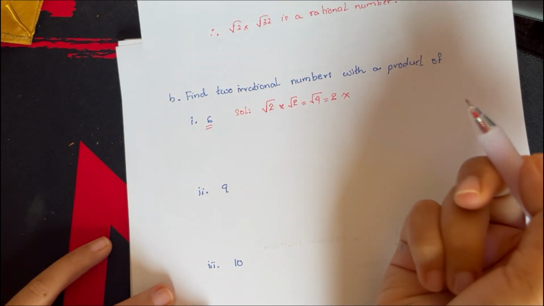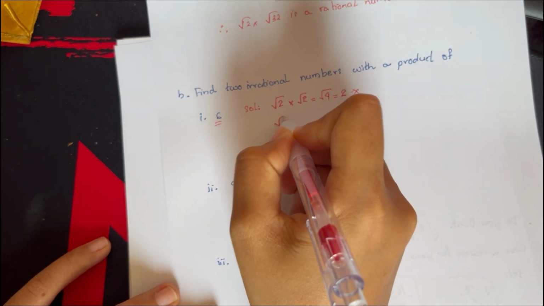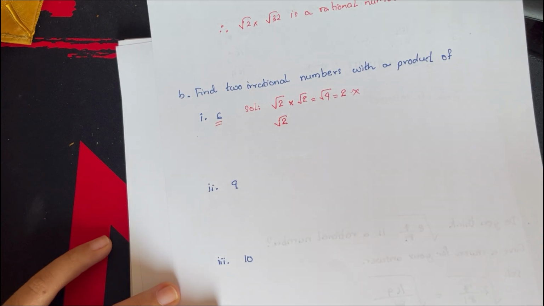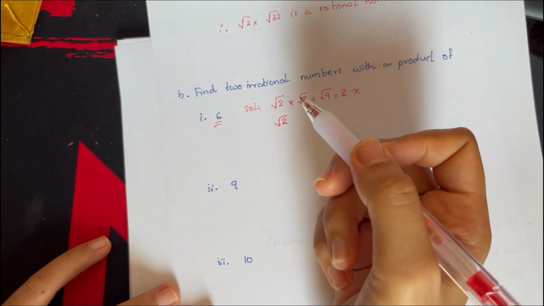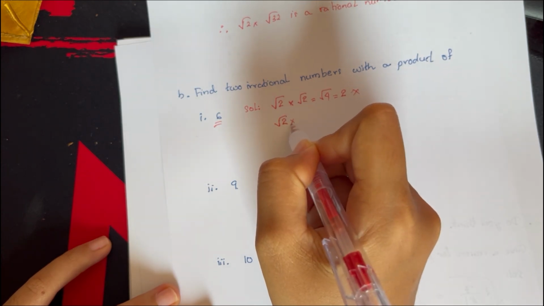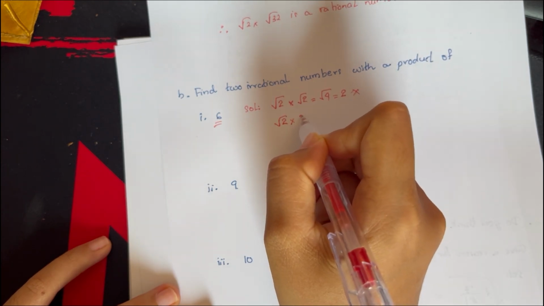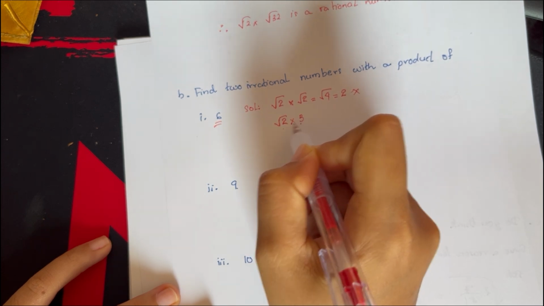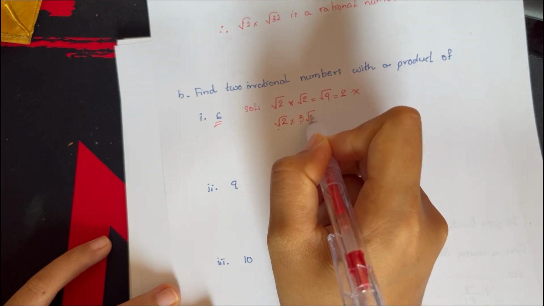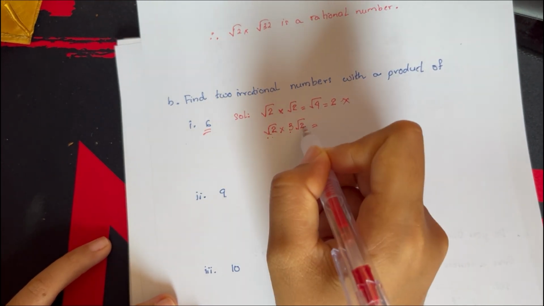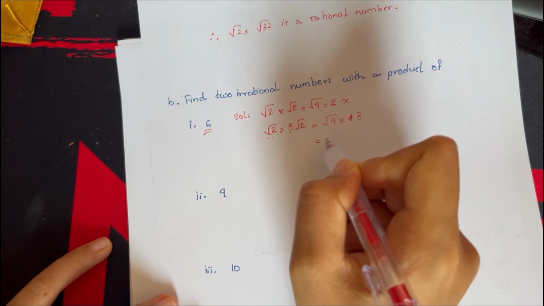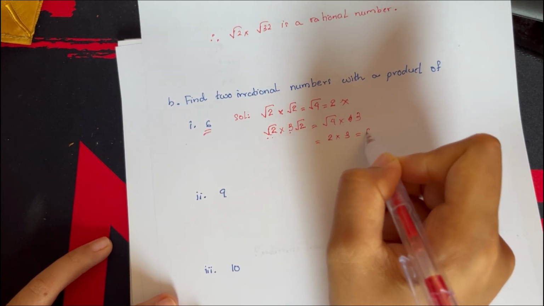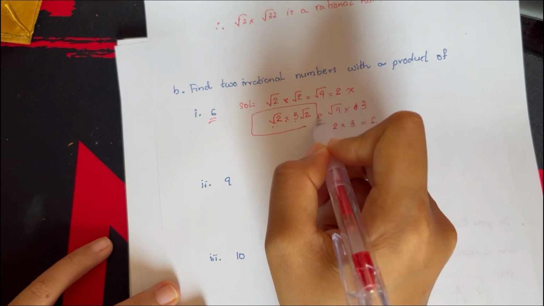We have to find 6. 2 multiplied by 3 will be 6. So we have to think about root 2 multiplied by 3 root 2. Let's multiply. Root 2 multiplied by root 4 multiplied by 3. Root 4 is 2, multiplied by 3 equals 6. So that's why the answer is root 2.